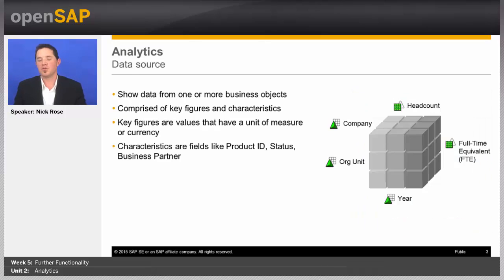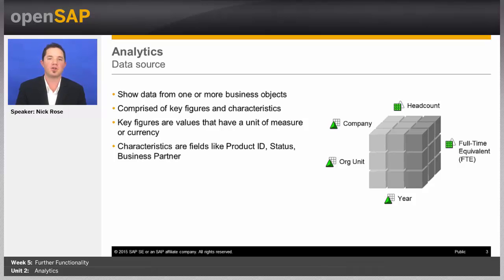There are a couple of main things that make up analytics. First off, we always have some kind of data source. A data source is based on one or more business objects, either a single object, or you can have joined and combined data sources. What makes up a data source are key figures and characteristics. This is the different data on that specific object or objects.